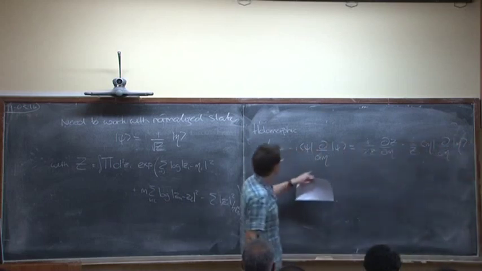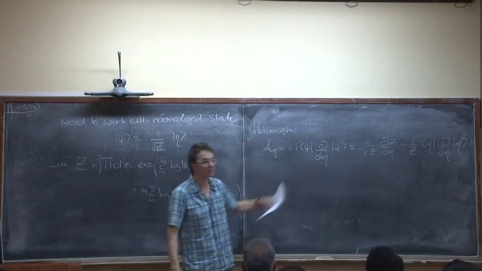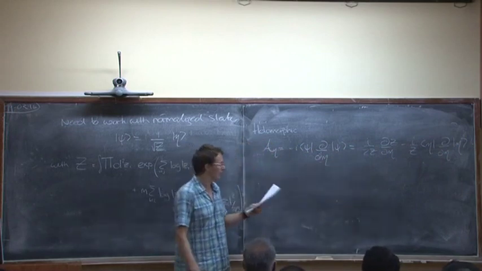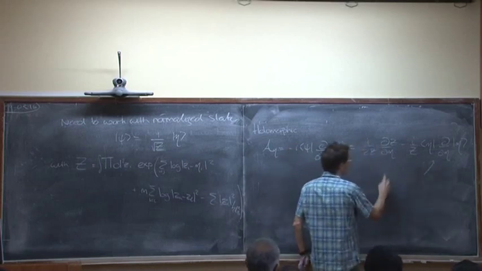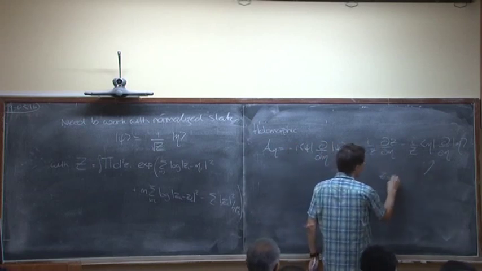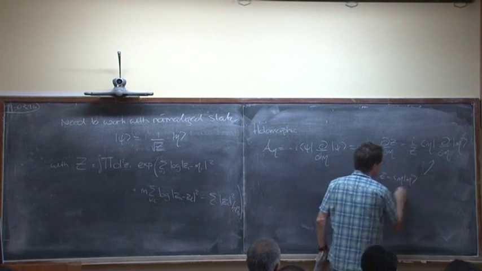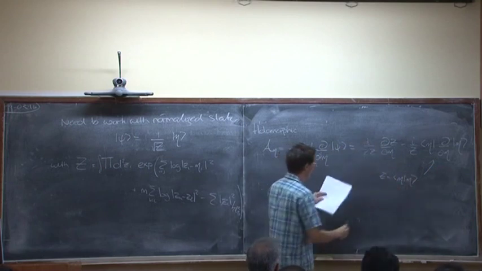This is writing psi in terms of eta and the square root of Z. But now this term, you can rewrite in terms of Z, because Z is the same thing as eta overlapped.